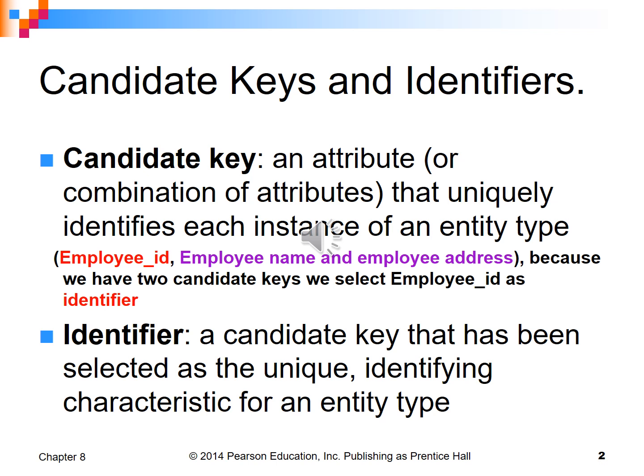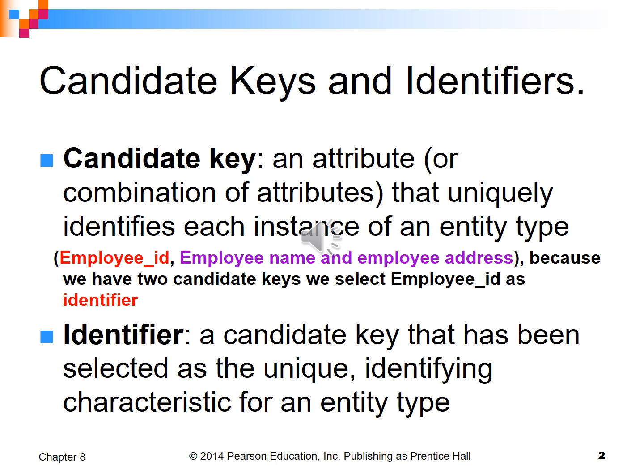Example here, we have employee ID, employee name, and employee address. Because we have two candidate keys, we select employee ID as identifier. So we could look at this table, which has really two keys. One of them is employee ID, or we could have employee name and employee address, because employee name and address will make it unique.